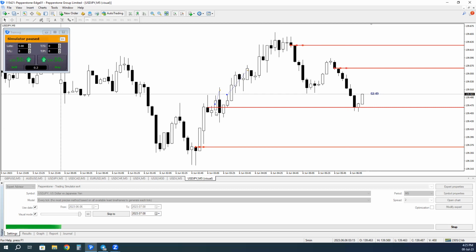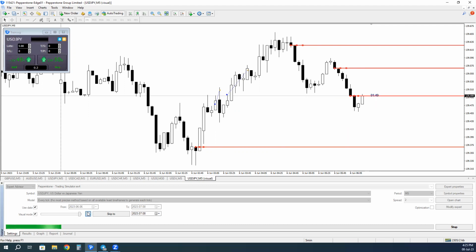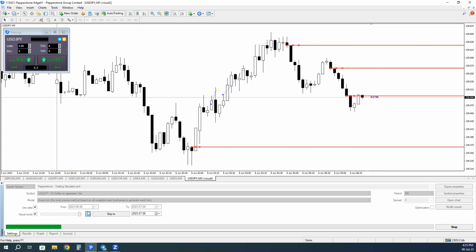Oh, okay, cool. So now I'm going to mark the top of this candle because we've got to push up. Still stuck within the body of that candle.